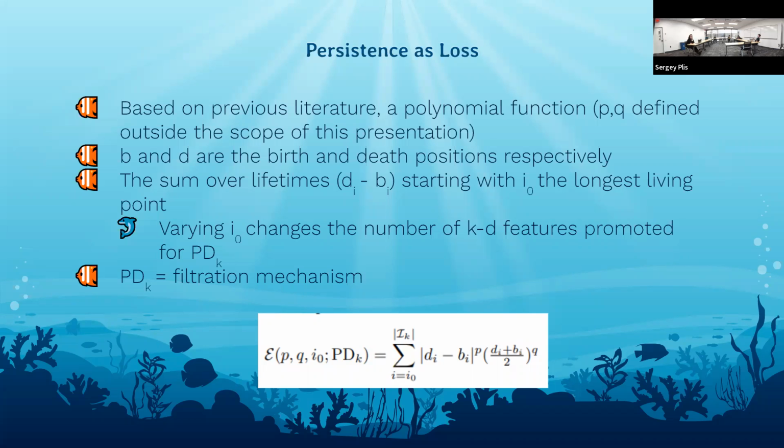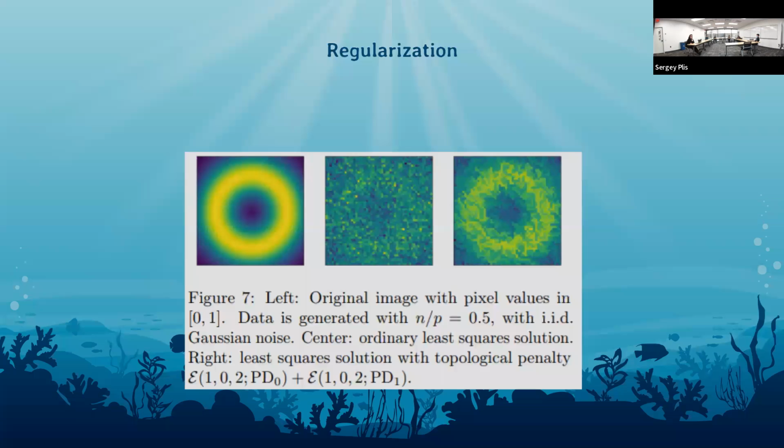So, do I care about anything that lived over size 2? If D_i minus B_i is 2, I only care about those things. And just because the I_k is sorted, the most persistent things are first. Okay, so the point.